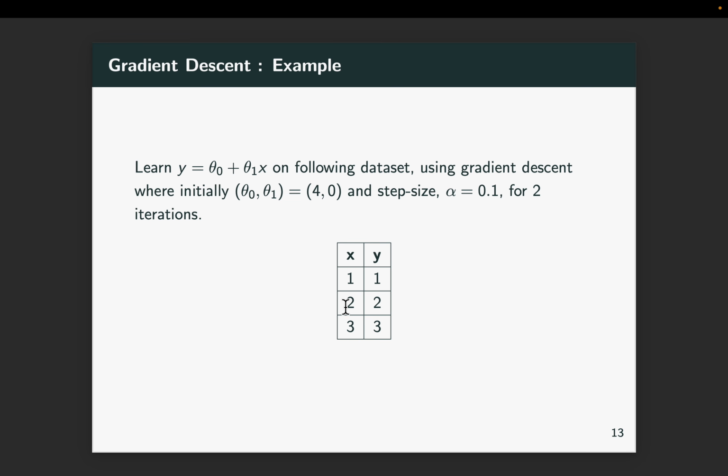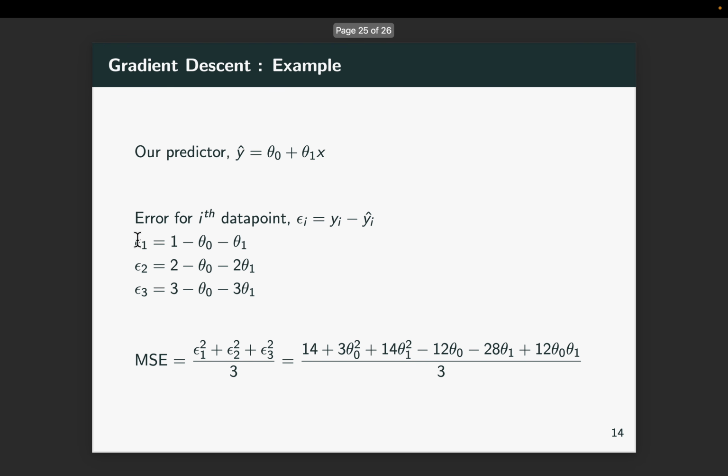That is my predictions. I can compute the 3 individual epsilon i's, square them up, and add them up. I can just simplify this expression to get a function of theta naught and theta 1.